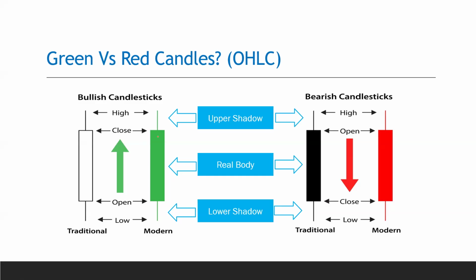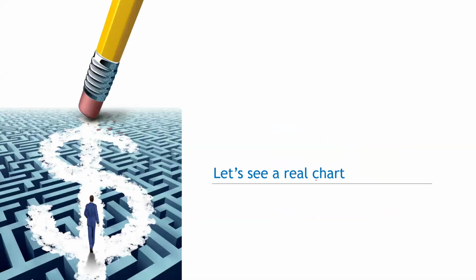If you go to some old textbooks about technical analysis, a green candle is also shown as a white candle, and a red candle is also shown as a black candle. I don't know the reason, but it may be that at that time when printing was not that developed, they would have used these kinds of colors. But the concept doesn't change. Concept remains the same.